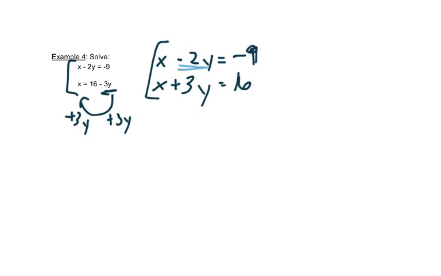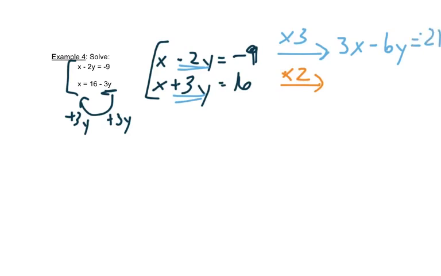Here's where we have opposite signs, so let's get rid of our y's. To do that, I'm going to multiply the top equation by 3 and the bottom equation by 2. You can always just use the opposite number, and that will help you cancel things out. So if I multiply the top equation by 3, I get 3x minus 6y equals negative 27.